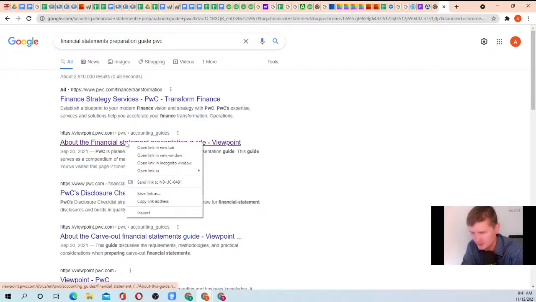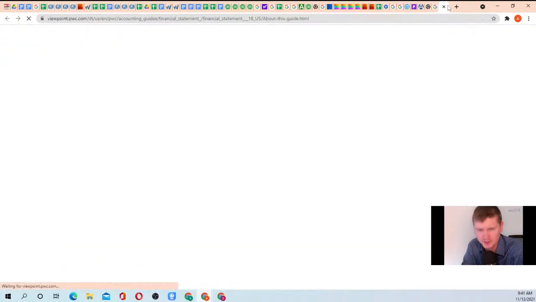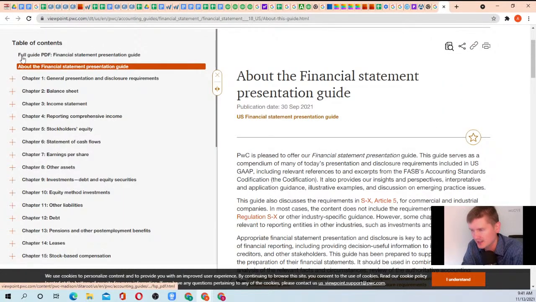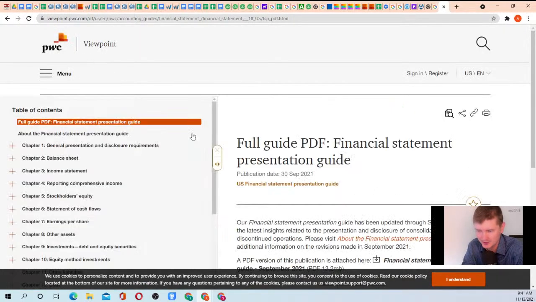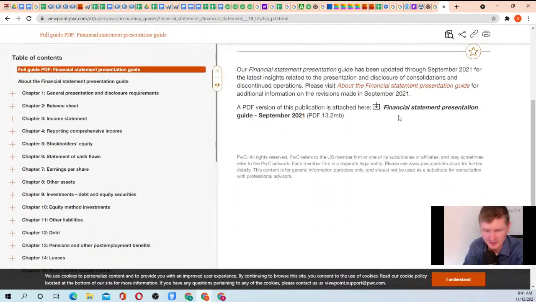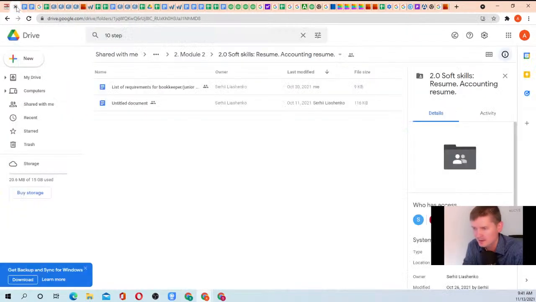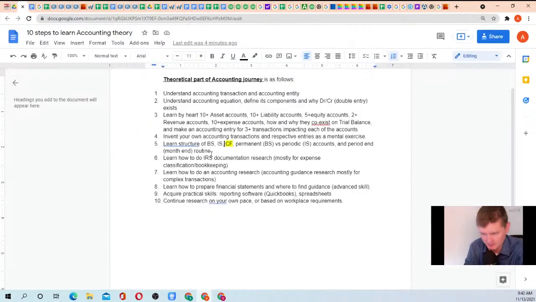So here, I worked at PwC in the past, so I preferred PwC guidance, but that's just a matter of habit. Other companies have great guidance too, so everything is available. Today we will do a small exercise on just making a document where you can keep your links to guidance.